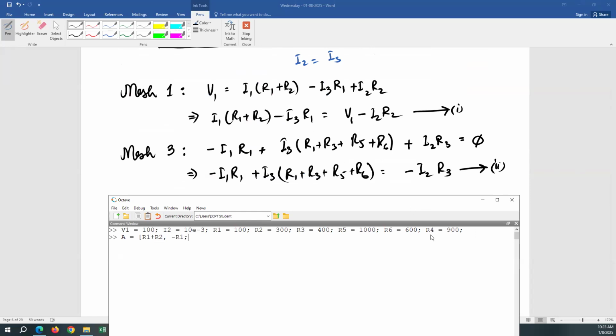And my second row is negative R1, and R1 plus R3 plus R5 plus R6. So that's my coefficient matrix of I1 and I3. And let me just keep the format showed.